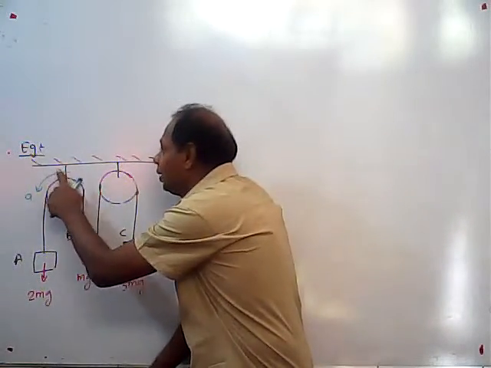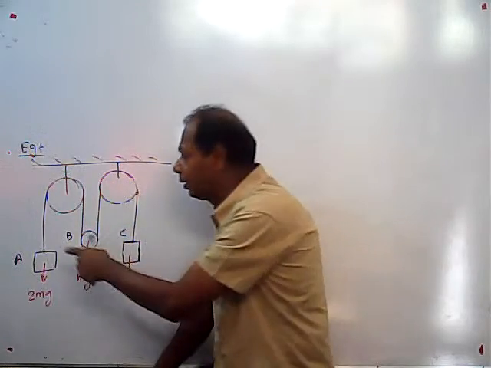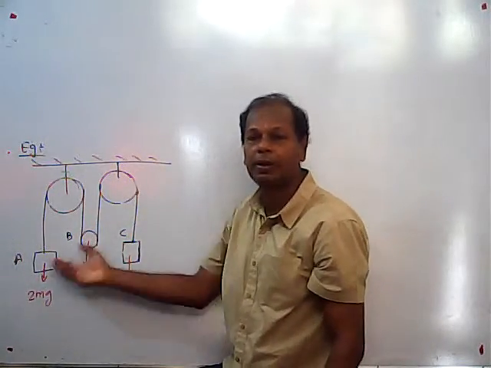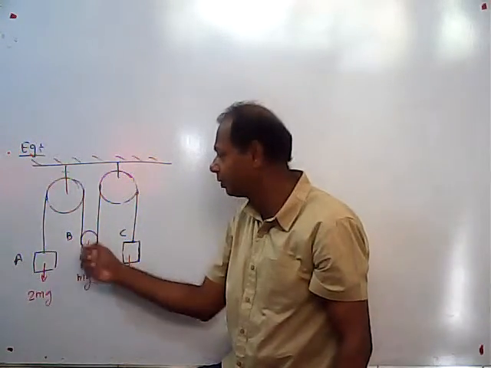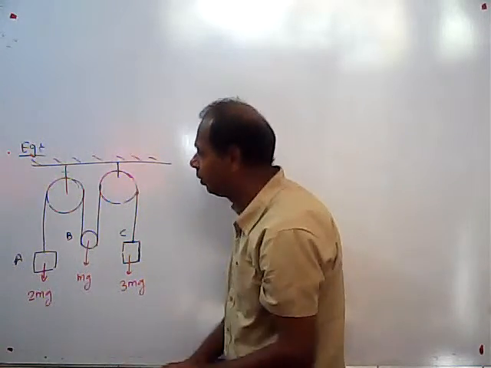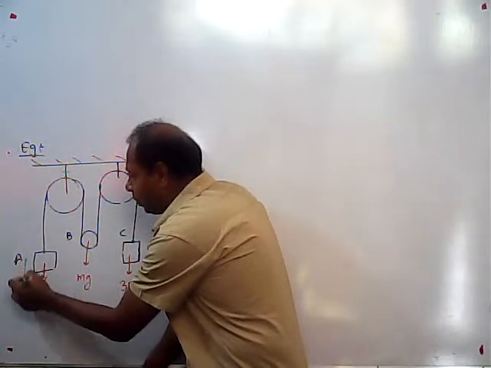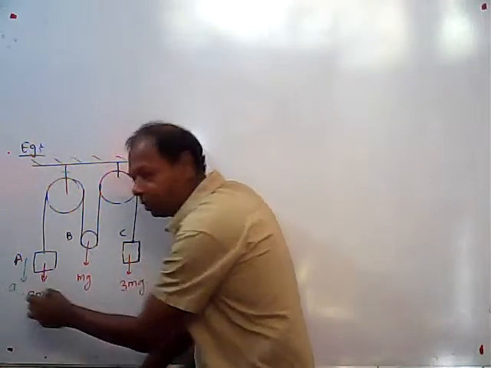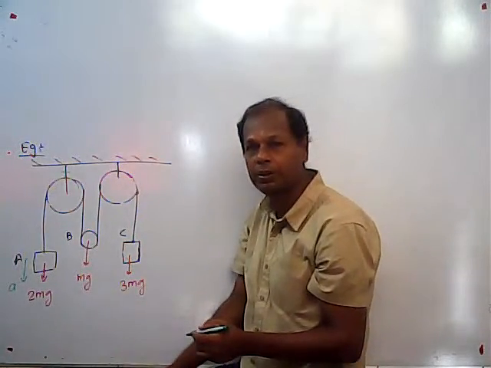So instead, we will mark accelerations independently for these three objects. You can decide the directions. Shall I mark this one going down at A, or you can even mark it in the opposite direction.